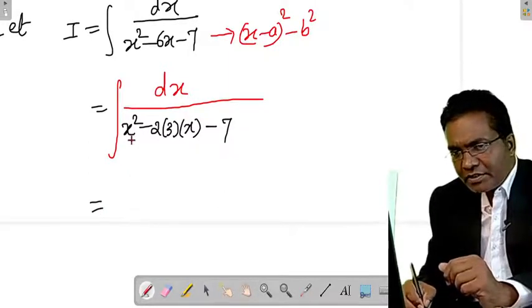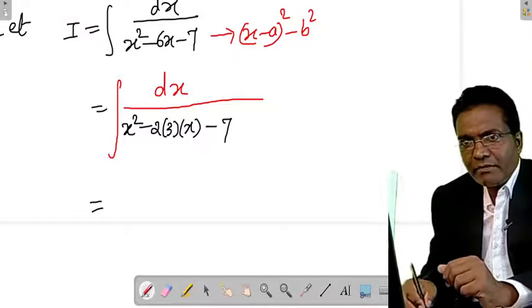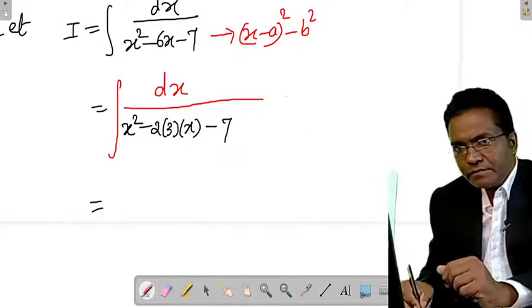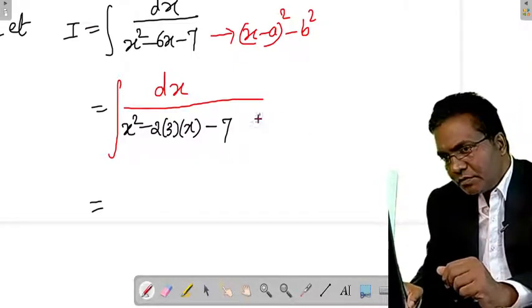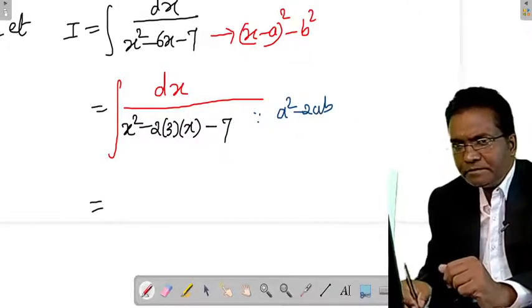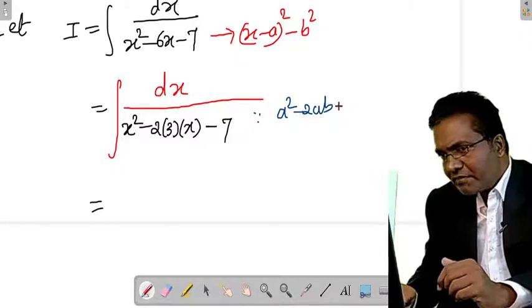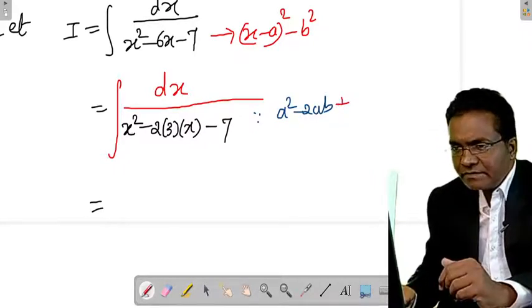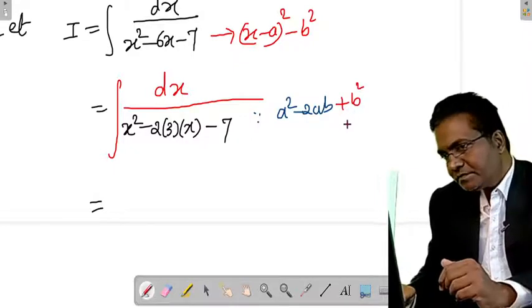Now it is of the form a square minus 2ab, that you know. Please note this: if you have a square minus 2ab, to make it a perfect square you need to add b square to this.